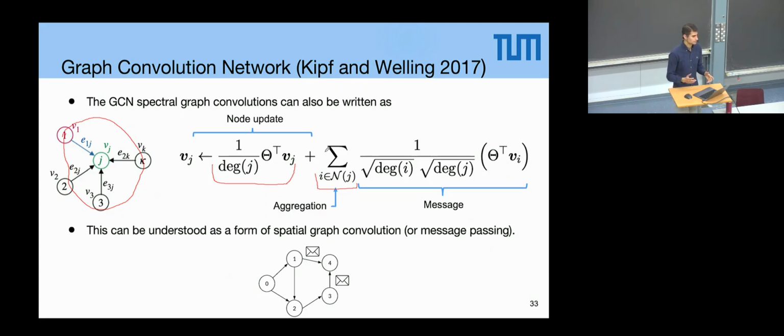In this general framework of message passing, the first step corresponds to computing the message. So that's what we are doing here. For each of the nodes and edges, we compute the message, then we aggregate the result. In this case, the aggregation is the summation. And then we have a node update function, which takes that aggregated value and adds it somehow to the features of the central node.